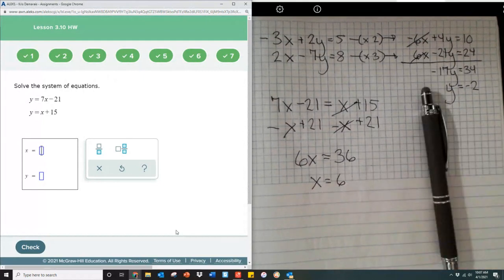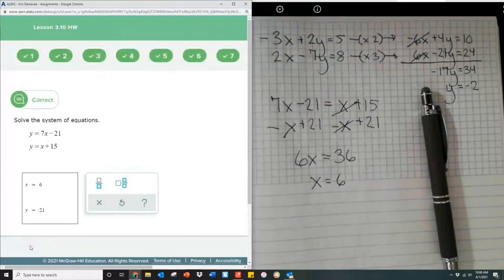So now I have 6 for x. You can mentally put 6 into here. 6 for x gives us 6 plus 15, and by doing that you get 21. And that is it. That's the last problem we have.